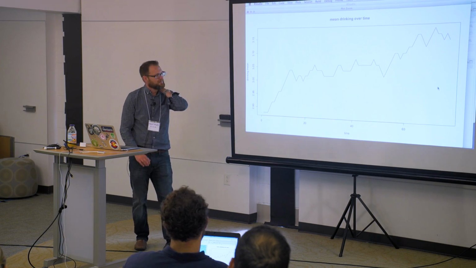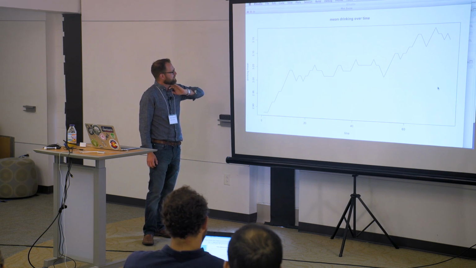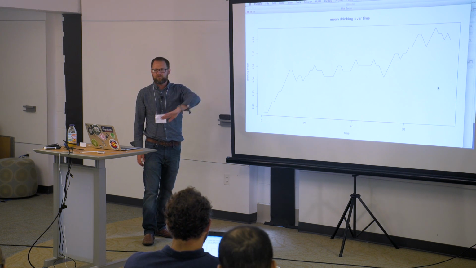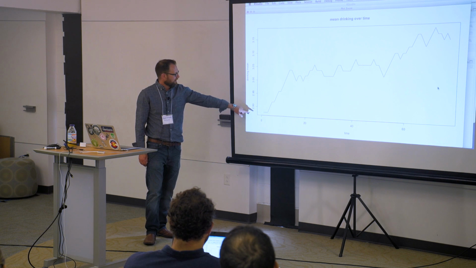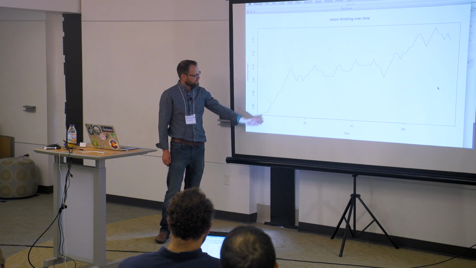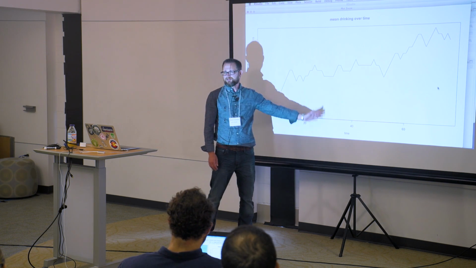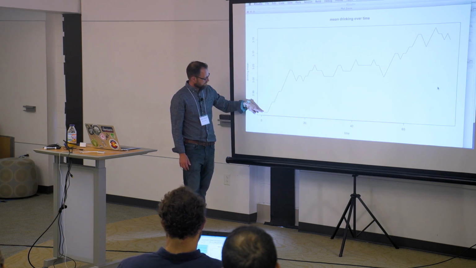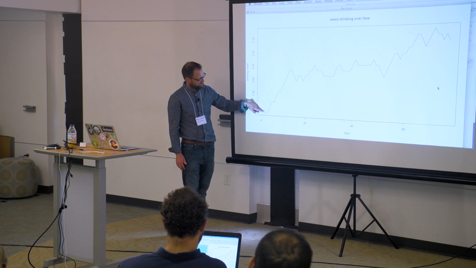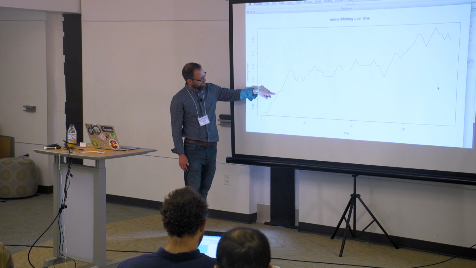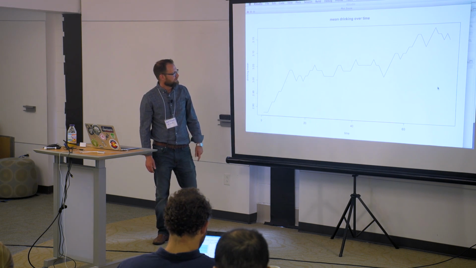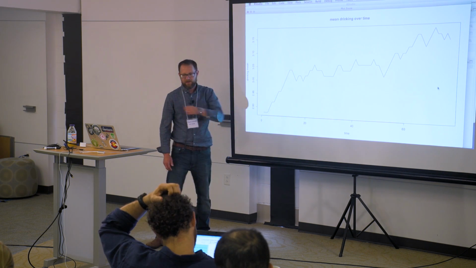Okay. All right, so here is mean drinking over time for just one run of the simulation. And here we start here, and these are micro steps. As we go along, the network's changing. No one's changing their behavior, but every once in a while, people are changing their behavior, going up or down.